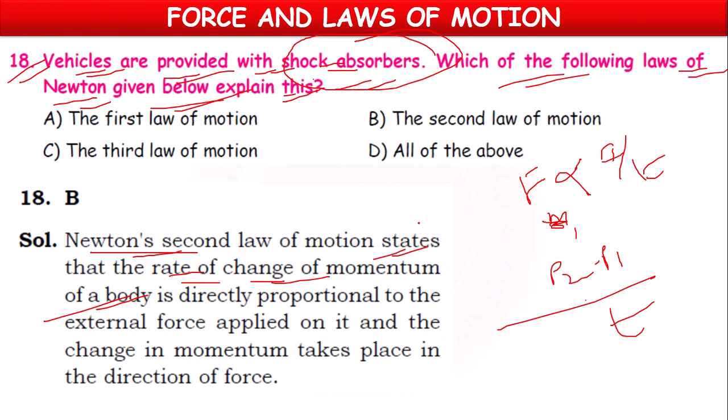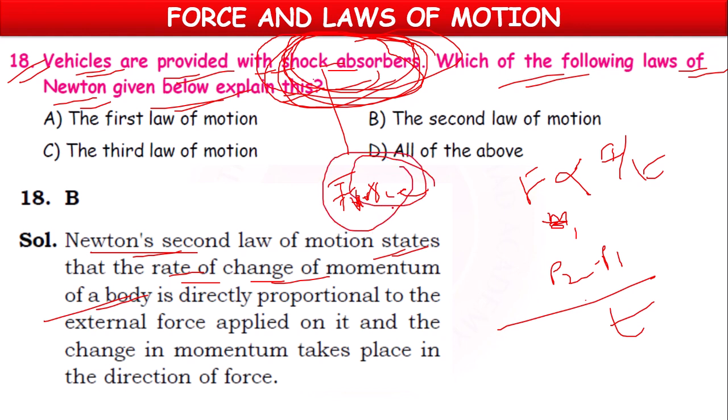So that's why, to avoid damage due to the jerks of the vehicle, to withstand whatever force is produced during a sudden brake, or on the road if the road is uneven, there will be some impulsive force created in the vehicle because of that change of momentum.